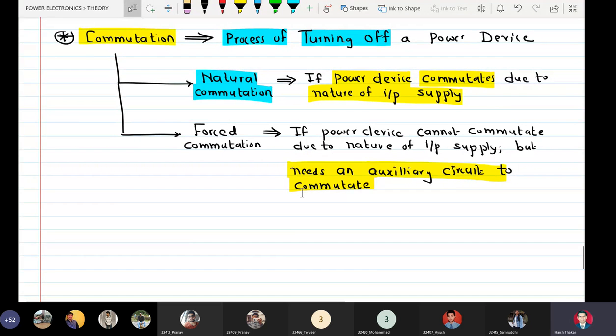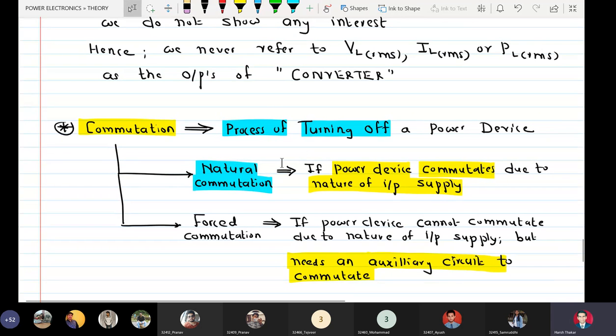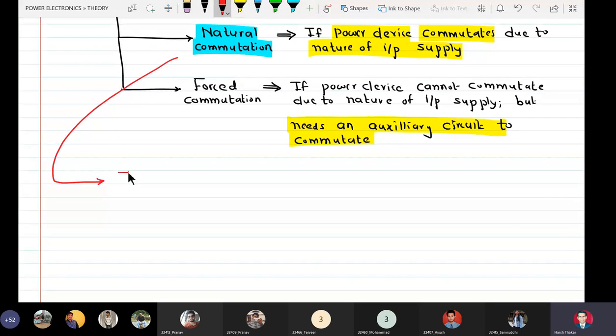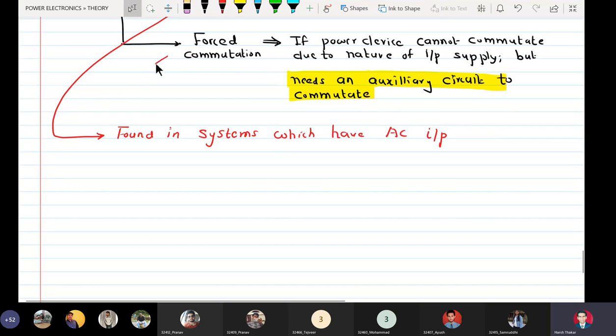So in converters, natural commutation occurs, and in DC systems, force commutation occurs, right? So natural commutation is found in systems which have AC input. Okay, and force commutation is found in systems which have DC input.